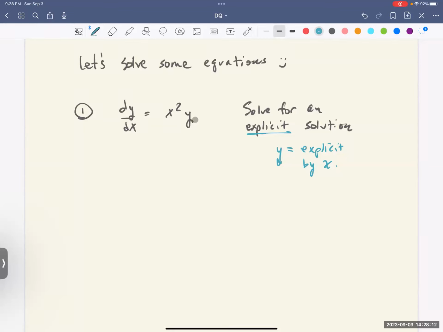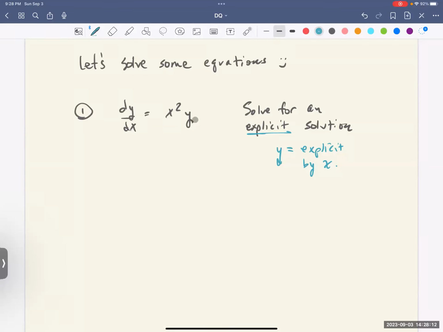Then the next step would be to integrate, and we'd end up with natural log absolute value y is x cubed over 3 plus our constant, and that constant again is the collected constant from both sides of the equation.